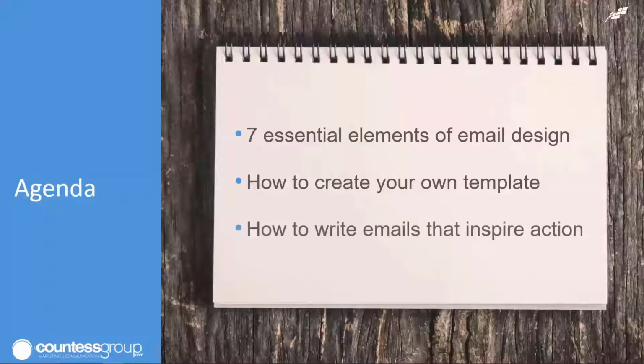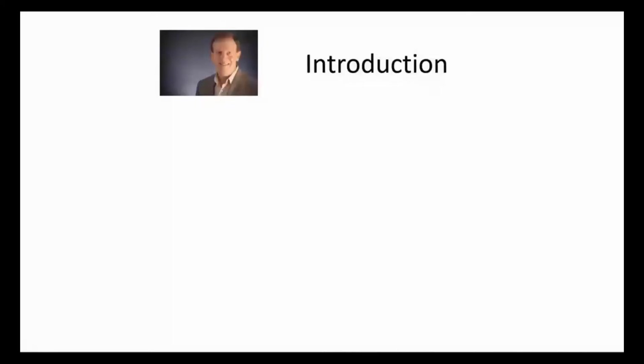And then lastly, I'll talk about how to write your email to get your readers to take an action. And I'll also show you how to use your reusable template and add in the content for your email campaign.